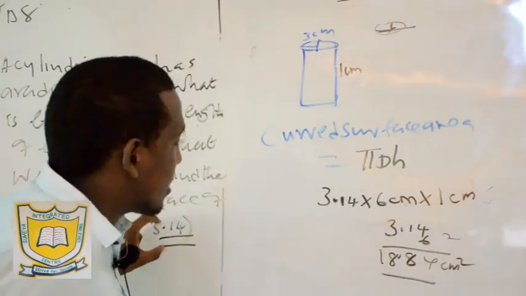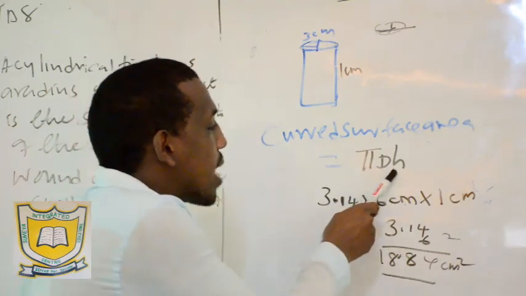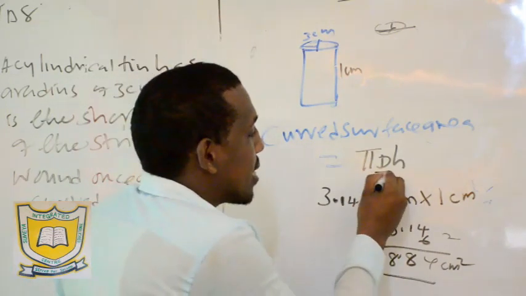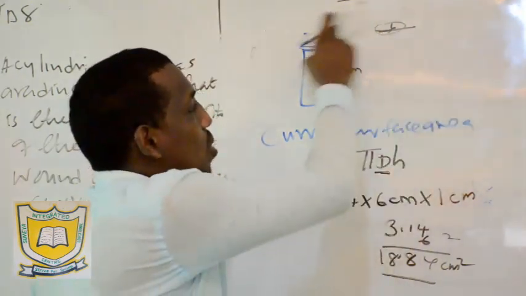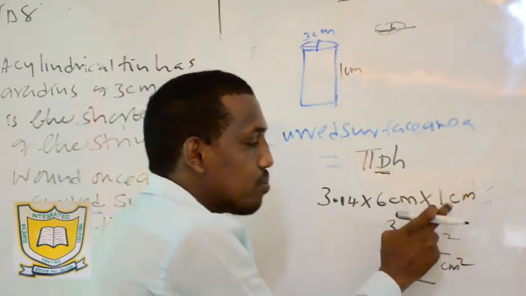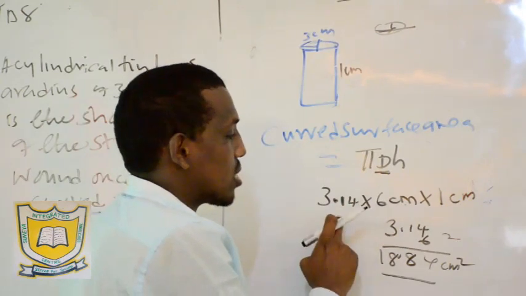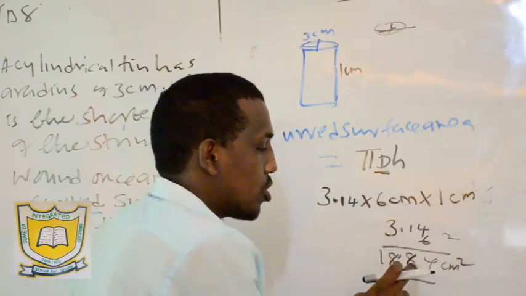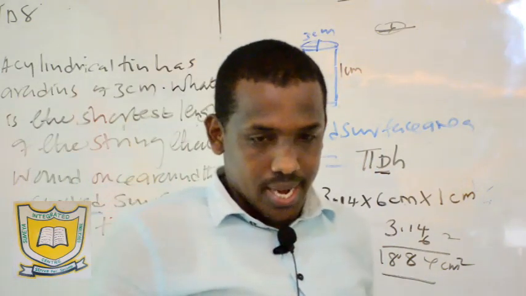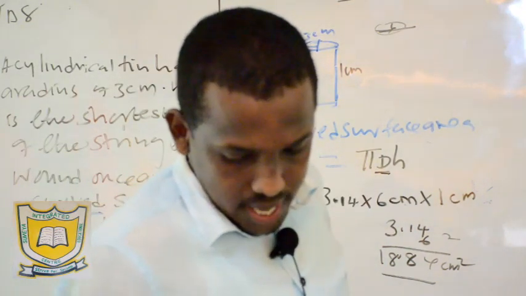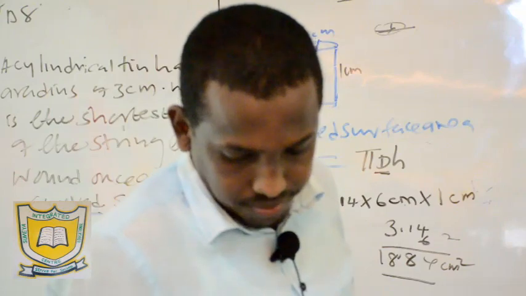You are told to take pi as 3.14, so you just follow the formula, times diameter. Diameter when the line is full is 6 centimeters, and once around means times 1. When you multiply 3.14 times 6 times 1, you will get 18.84 centimeter squared. That is how we get that figure.